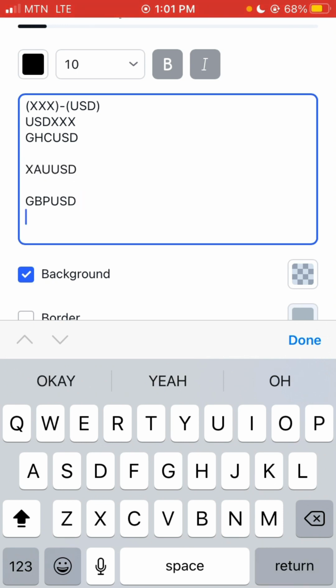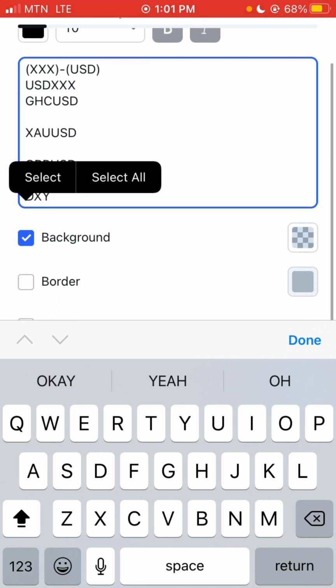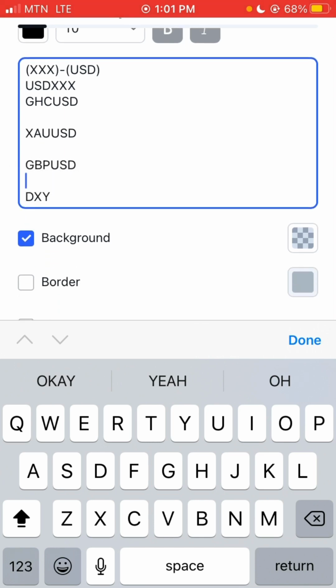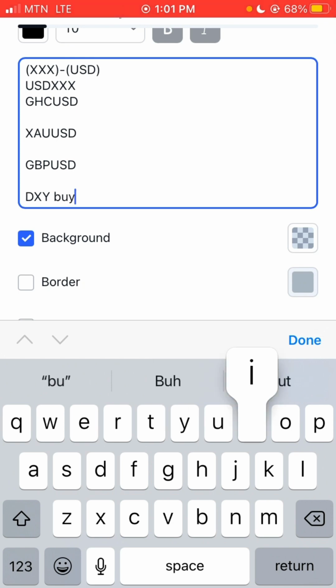And when I say DXY, it stands for the dollar. It's a dollar index. Whatever happens to DXY, let's say if DXY is buying, GBPUSD will sell.